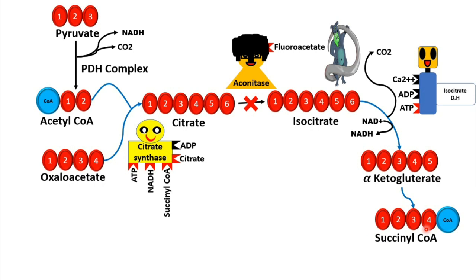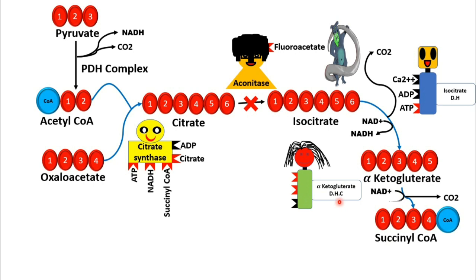So that means we also lost a carbon in the form of CO2. So what is the name of the enzyme which converts alpha-ketoglutarate to succinyl-CoA? This enzyme is called alpha-ketoglutarate dehydrogenase complex. Whenever you hear about dehydrogenase, of course, we're gonna reduce NAD to NADH.